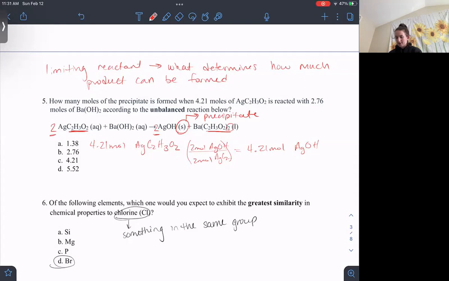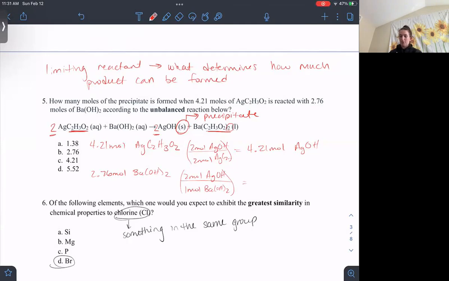Okay, so our other reactant is going to be 2.76 moles of barium oxide. Again, we're going to use that molar ratio, and this time 1 mole of barium oxide is going to be equal to 2 moles of silver hydroxide.